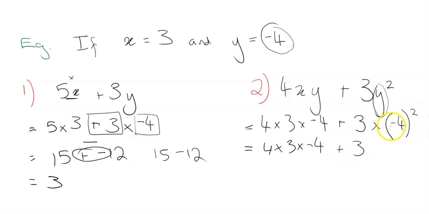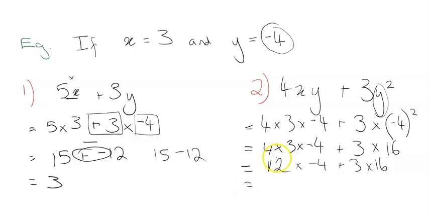So 4 multiplied by 3 multiplied by -4 plus 3. Now we've got -4 multiplied by -4, that's +16, okay? Now, all the multiplications, we deal with all of those. So we go 4 multiplied by 3 is 12, multiplied by -4 plus, and then we've got 3 multiplied by 16.